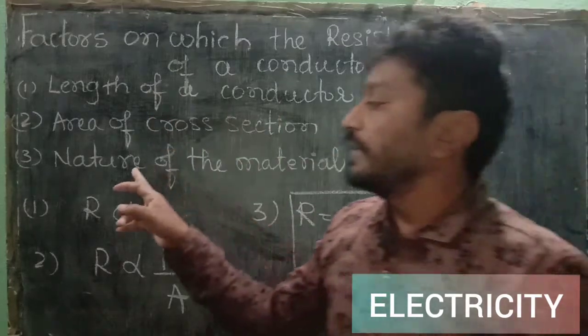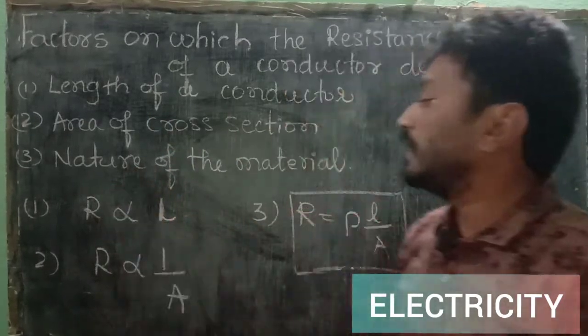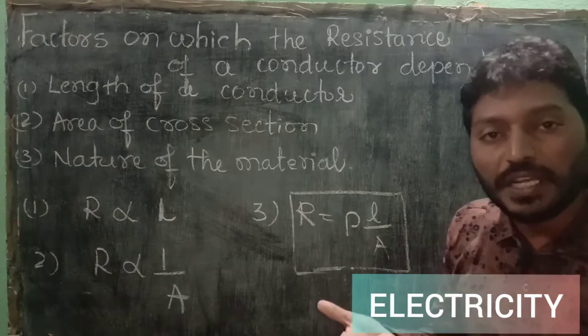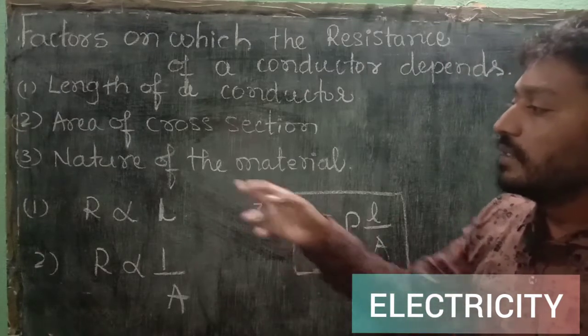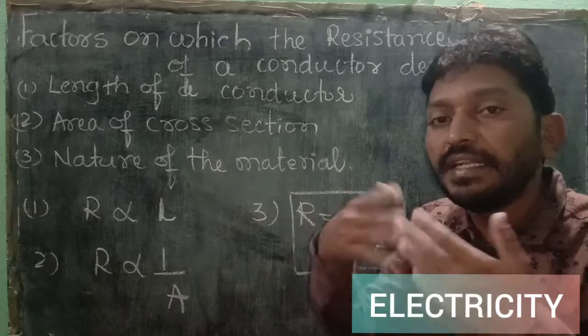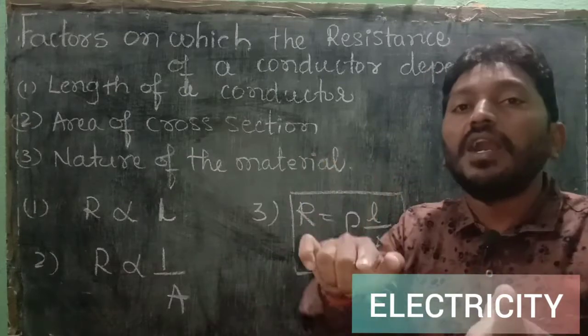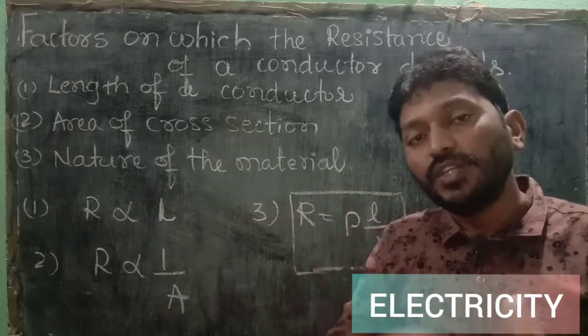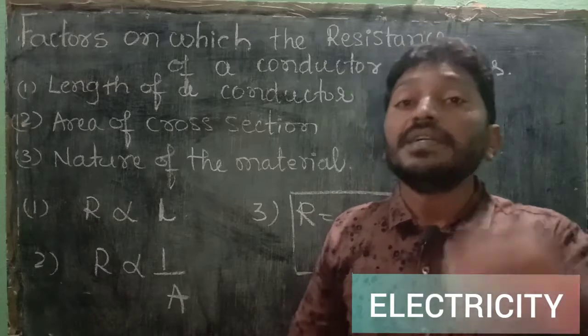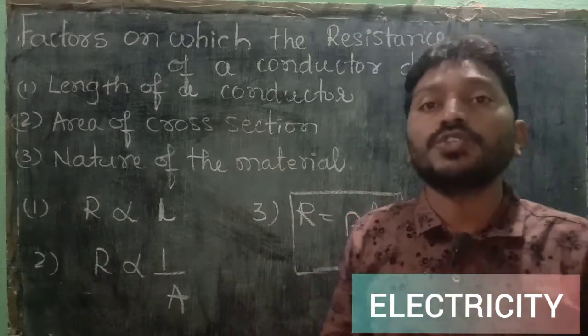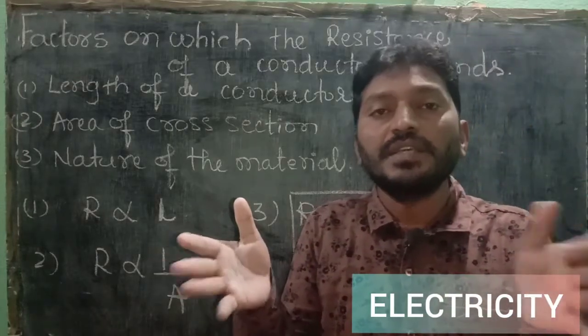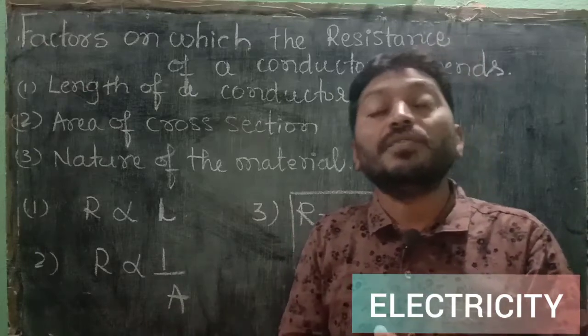And the final factor is the nature of the material. Resistance mainly depends upon the material of which the conductor is made. Some materials show high resistance, some medium, some very high.